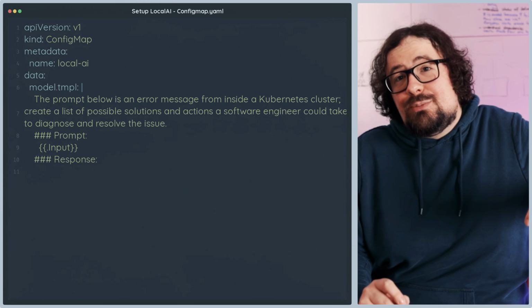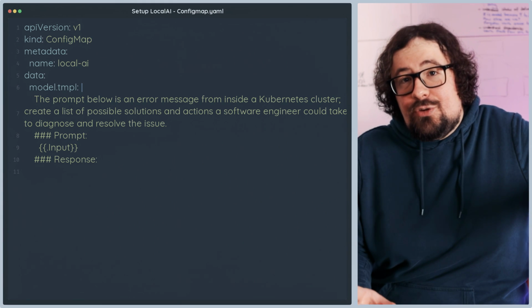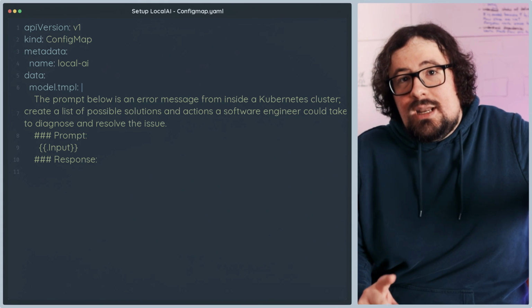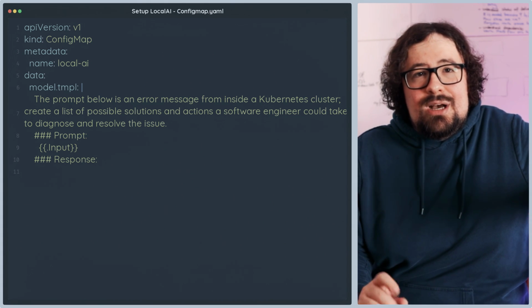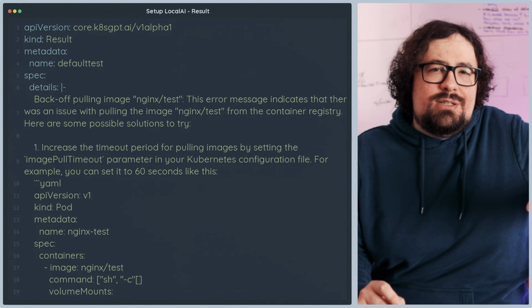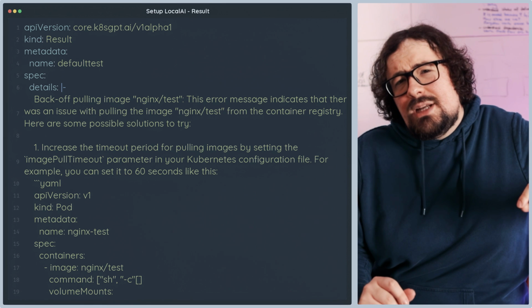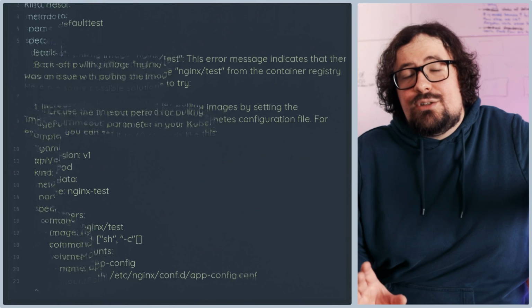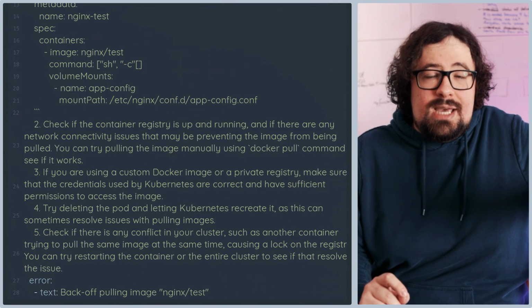Create a list of possible solutions and actions a software engineer could take to diagnose and resolve the issue. Now we can throw anything at the API like out of memory, and it'll know that the error must be related to Kubernetes. You could imagine all sorts of meta information you could pass into this prompt template to further enhance the responses you get.